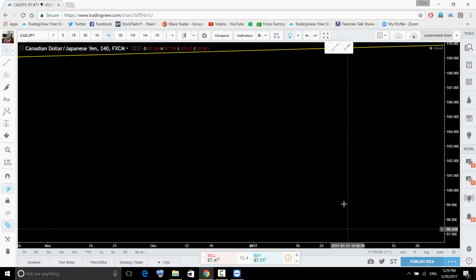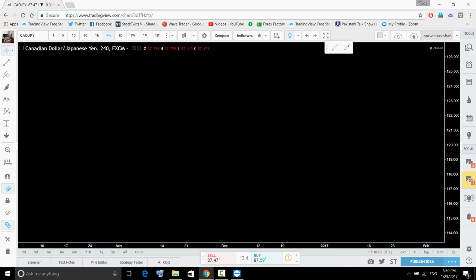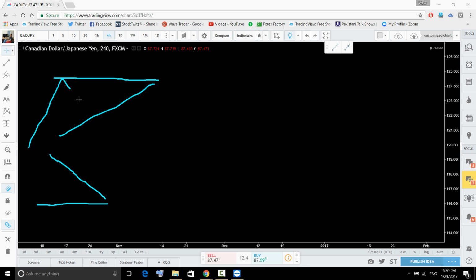Let me draw the examples here. Top trend line is flat, bottom trend line is rising. Top trend line is declining, bottom trend line is rising. So this is the triangle.